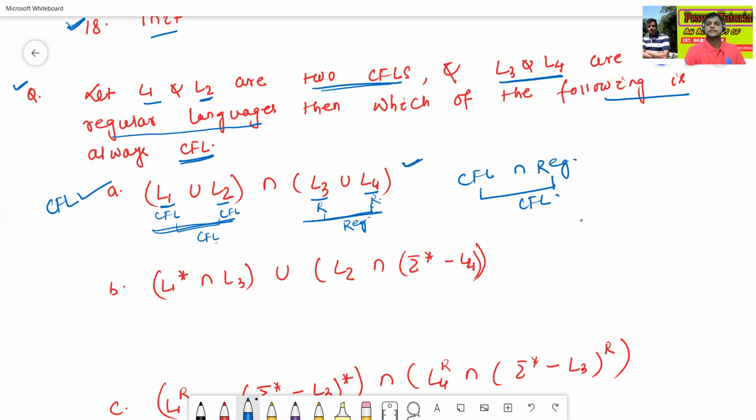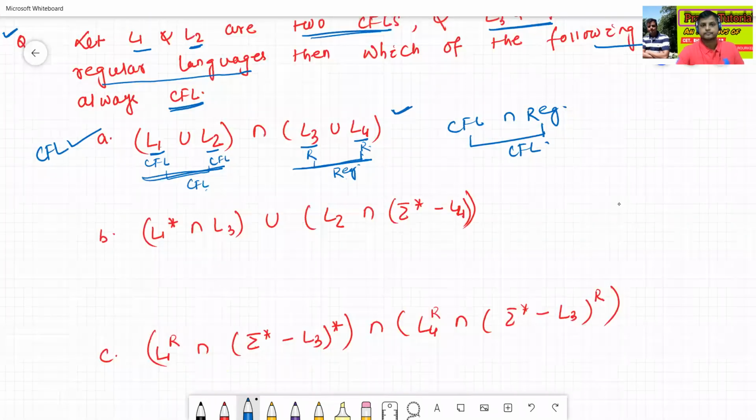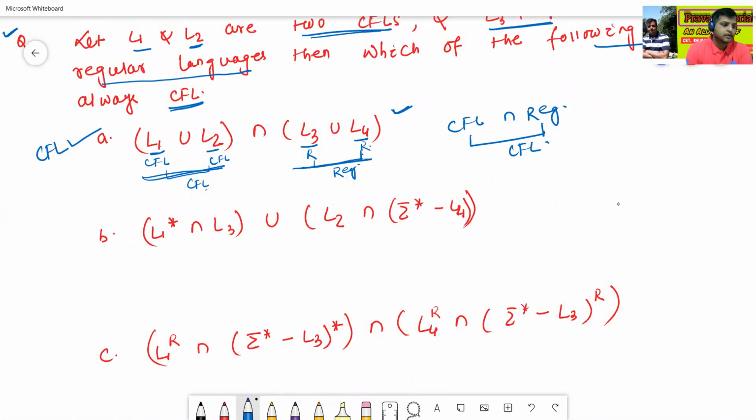Okay, now we'll see the next question. Here L1 is a context-free language. Star means Kleene closure.